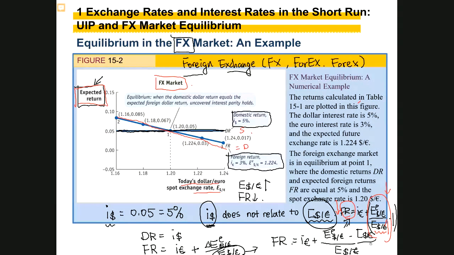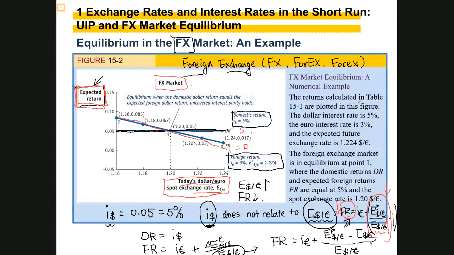But if you think of this as the market for you to get foreign currency, everything makes sense. This one will determine how much foreign currency you could get, and this one is the price you have to pay.